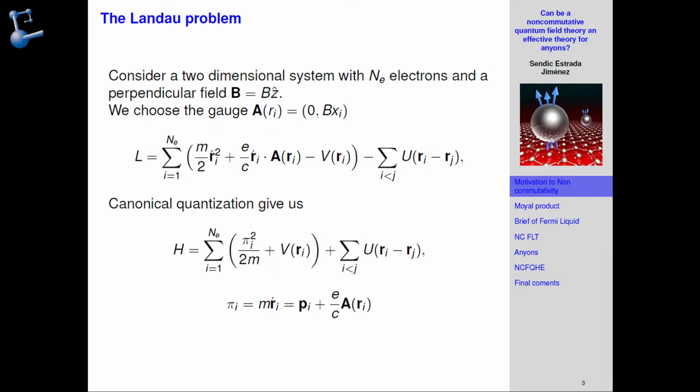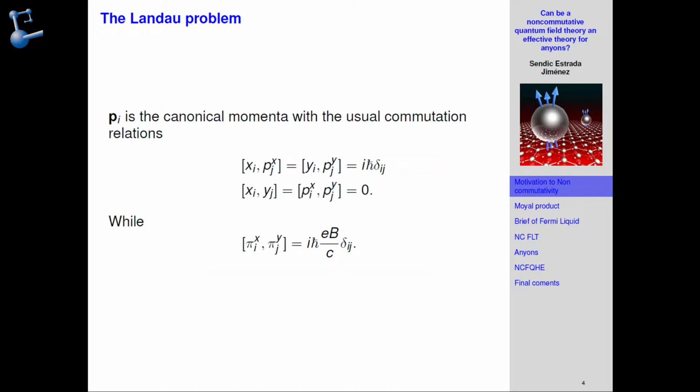When we quantize this theory, we can construct this Hamiltonian, where pi is the kinetic momentum, and this is the canonical momentum. It has the characteristic that the commutation relation of the momenta is not commutative.